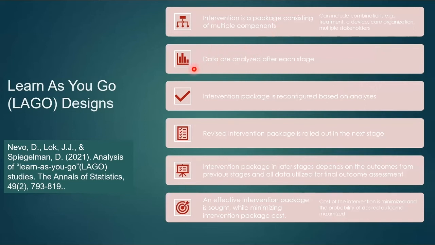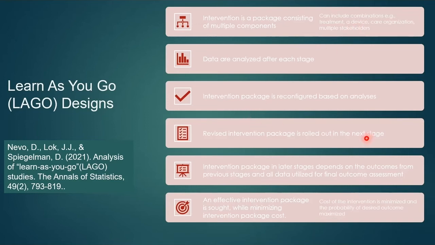What we do is we predetermine several stages in the LAGO design. So maybe every 6 months or every 9 months, we'll say we're going to evaluate the intervention package as it was delivered, and then we're going to do an analysis and decide whether we want to reconfigure and optimize the intervention based on the data that's occurred up to that point.